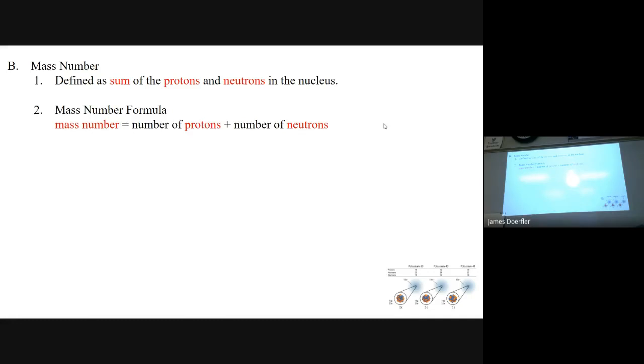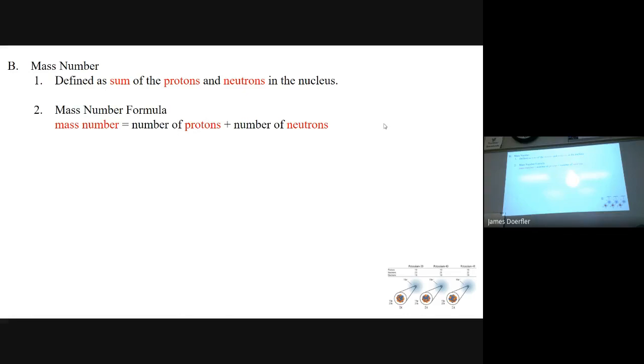So if we went back to the previous slide, how did we calculate the number of neutrons? What did we do mathematically? Mass number minus protons. Perfect. We simply took this equation and rearranged it to solve for the number of neutrons.